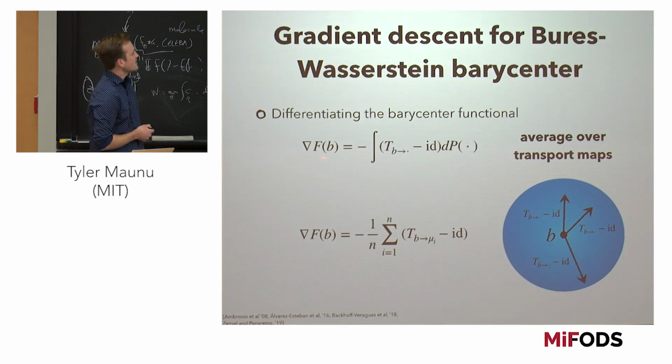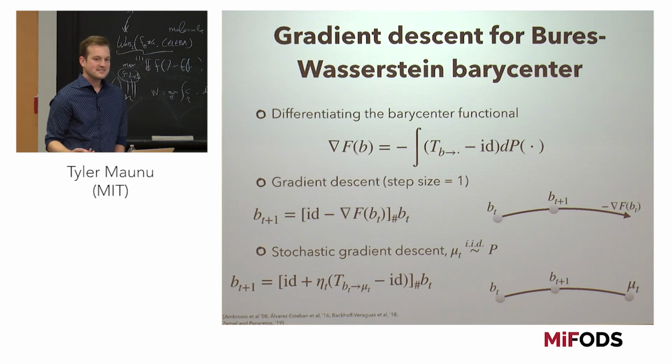In a really nice compact form, you can say that the gradient of the barycenter functional is just the average of transport maps, where you're averaging over your measure P. So if I'm sitting at some measure B, and I want to calculate the differential of my function at my current point, it's really just given by looking at the transport map with all samples, or all things that are distributed according to P, right? So in the empirical case, again, the integral just becomes a sum.